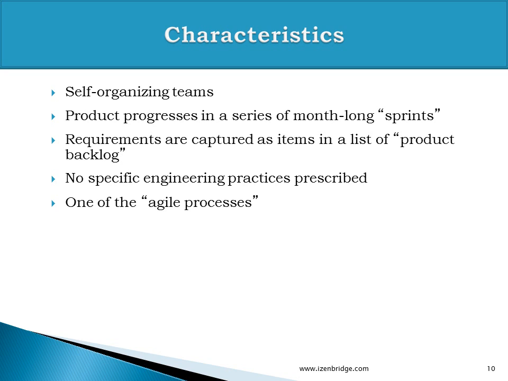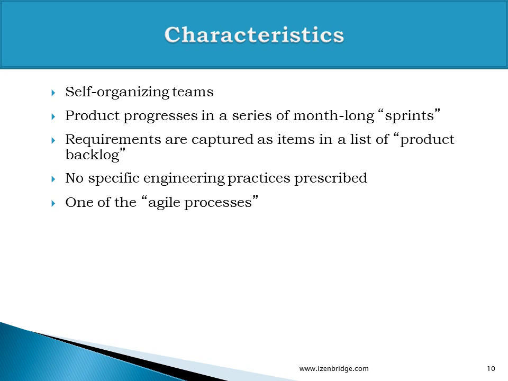Characteristics: teams should be self-organizing. You develop things in sprints, which is a synonym of iterations. So you have time-boxed sprints of 1 month or less. Requirements get captured in the format of a product backlog. So there is a list of requirements which we name a product backlog.